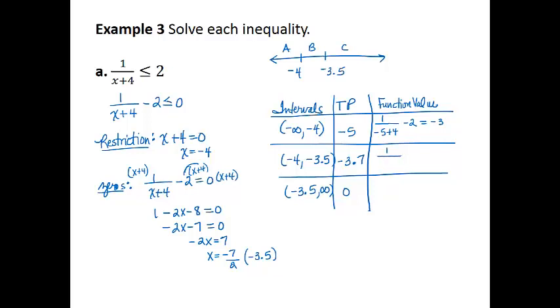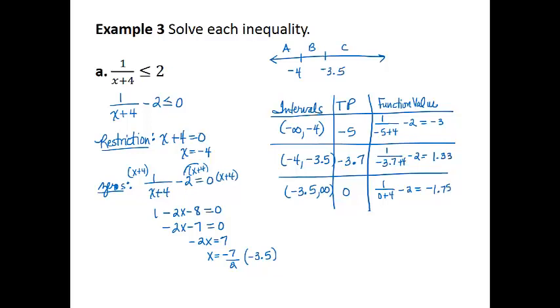Then 1 divided by negative 3.7 plus 4 minus 2 is going to be 1 divided by 0.3 minus 2, which will be about 1.33. And then when we replace x with 0, we get 1 divided by 0 plus 4 minus 2, so that's 0.25 minus 2, or negative 1.75.